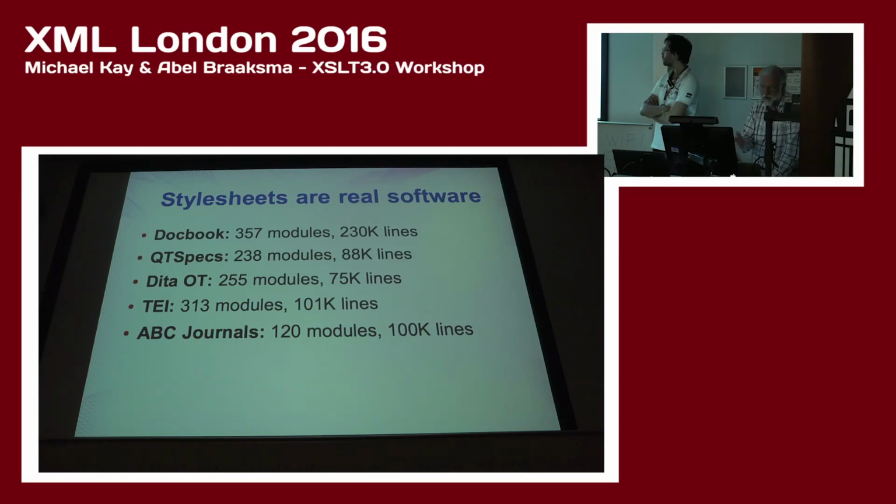But 5 particular examples I took of sets of style sheets, all with 100 to 400 modules in the style sheet, and the size in terms of lines of code makes them substantial pieces of software where what you really need to apply some engineering discipline to the reusability of bits of code there, to how that code is structured.